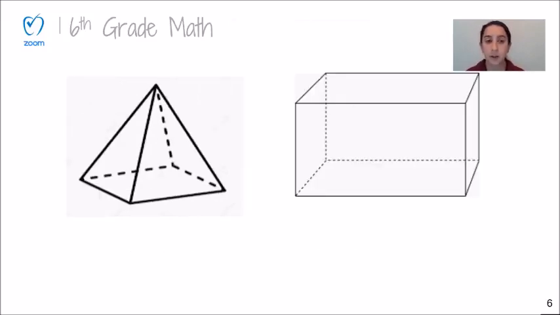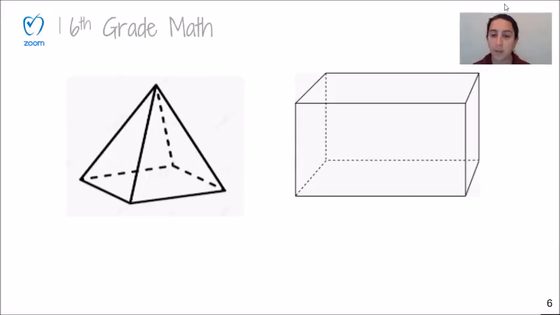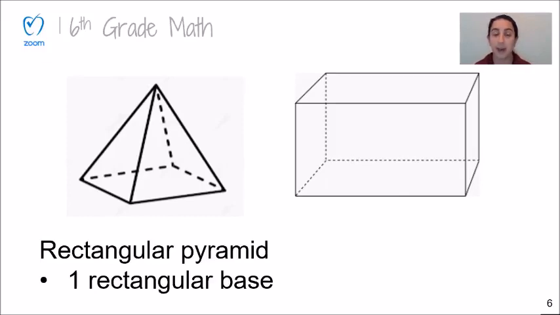Now we're going to take a look at 2 shapes that sound very similar but are very different. On the left, we have a shape, and on the right, we have a shape. Notice that the base of both of these shapes is a rectangle. So what is the key difference between these shapes? The key difference is that on the left, we call this a rectangular pyramid because it only has one rectangular base.